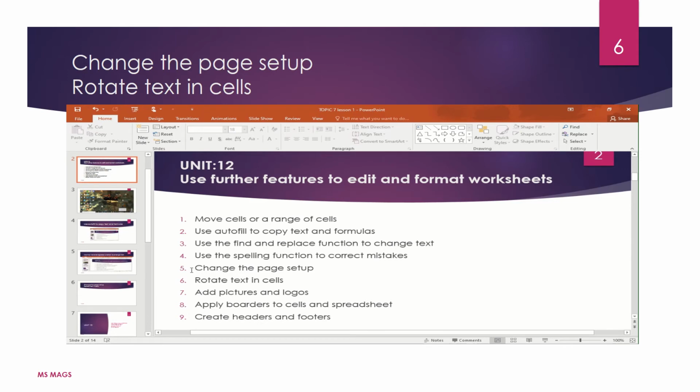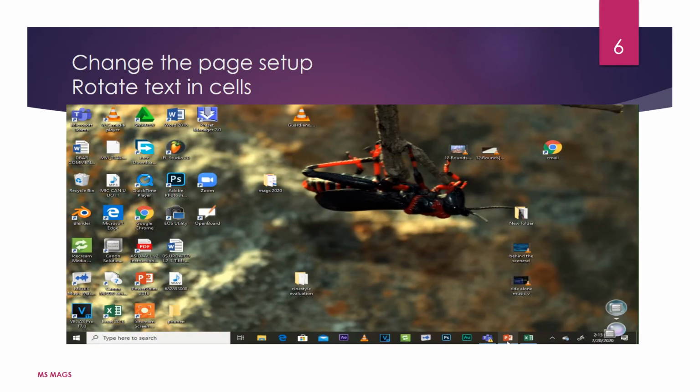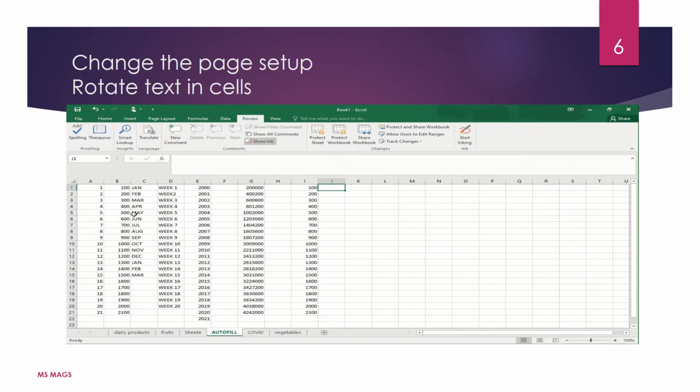In this video, I want to show you how to change the page setup and also how to rotate text in cells. Okay, so normally all the sheets come in portrait form, so it depends on the instructions that you're given.